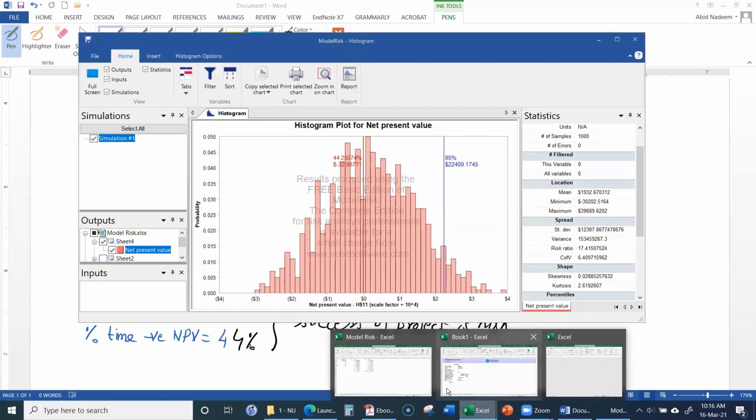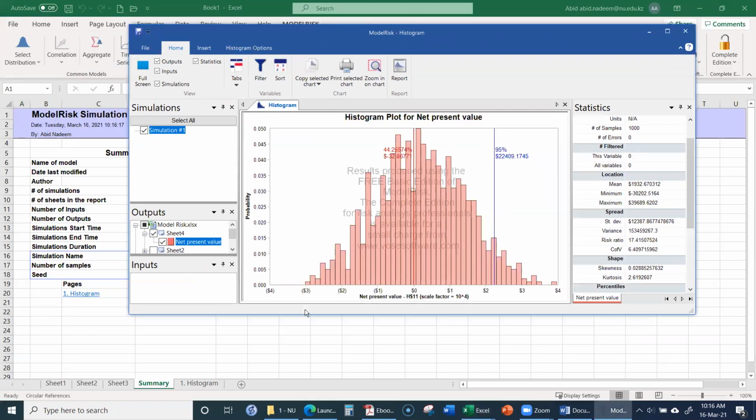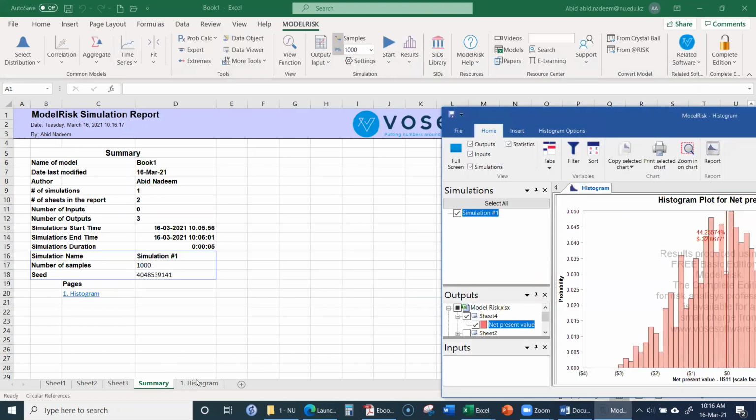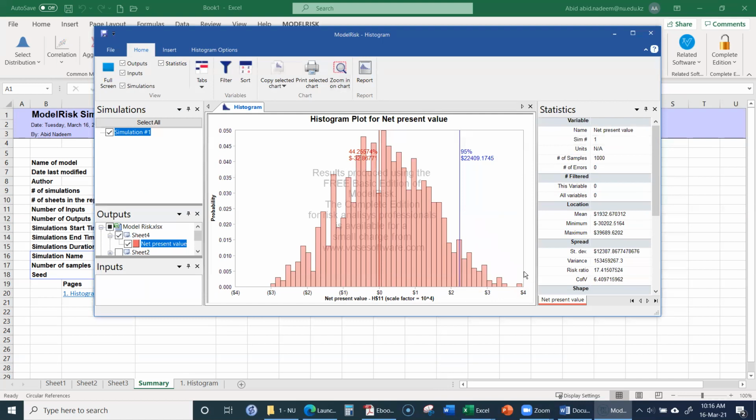When the report is generated, you can go back to this workbook and you will see it generated over here. Only the summary will be provided, but for the detailed statistics, you can just take a screenshot.